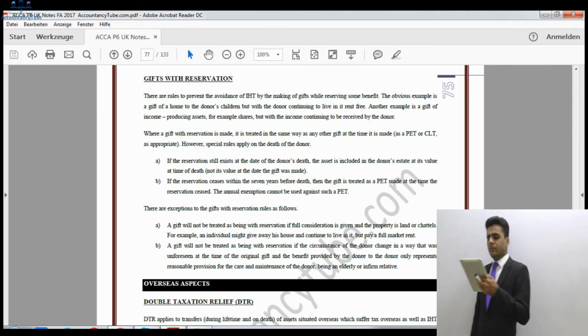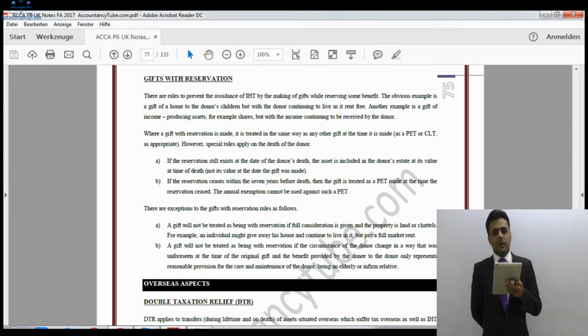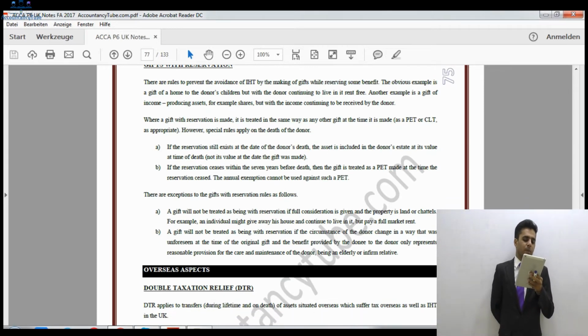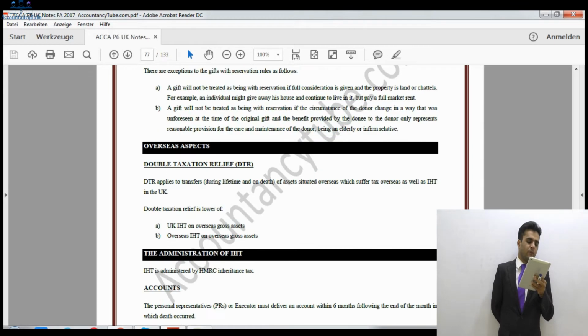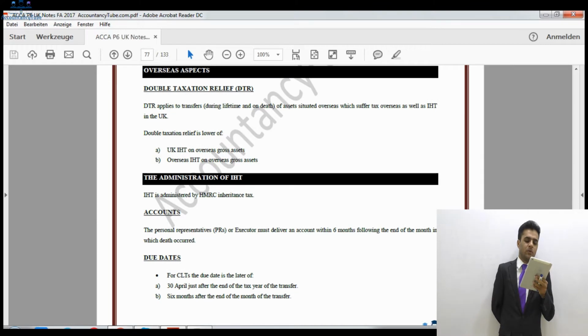Right, then after that it says overseas aspects. Now overseas aspects are, as I said to you earlier as well, exactly the same for all of the taxation in F6 and P6. So double taxation relief applies to transfers during lifetime and on death of the assets situated overseas, which suffer tax overseas as well as tax in the UK.